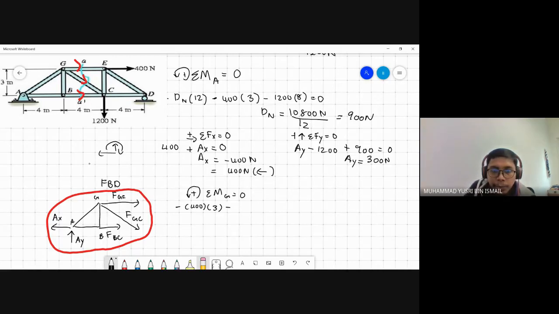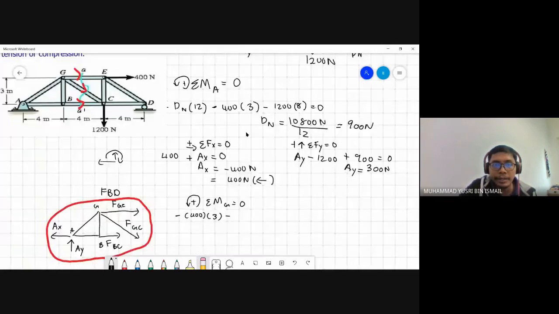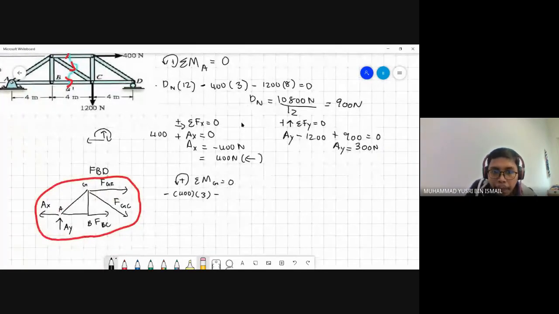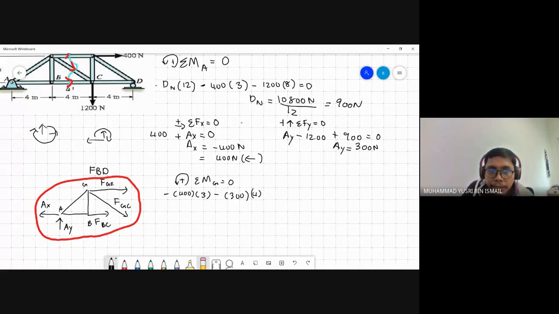Then let's say AY. Okay, AY is up, times with 4, in clockwise as well.